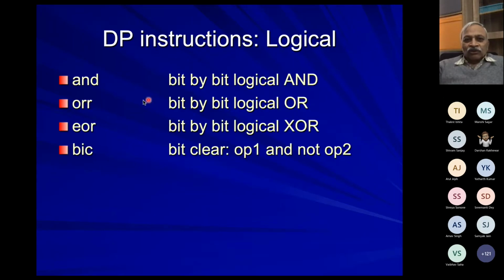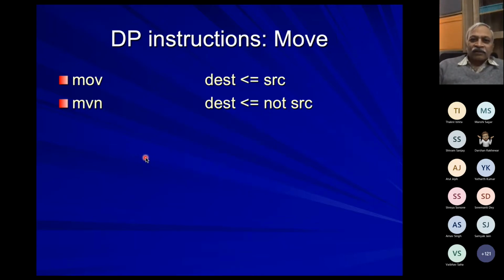So you can see that these 4 operations, these 4 instructions require 2 operands. So complement or not is not fitting into this, and that is clubbed with the move operation. So by the way, source and destination could be same. So basically you'll take contents of a register, complement, and put it back.